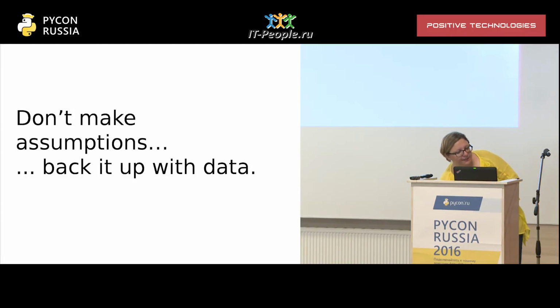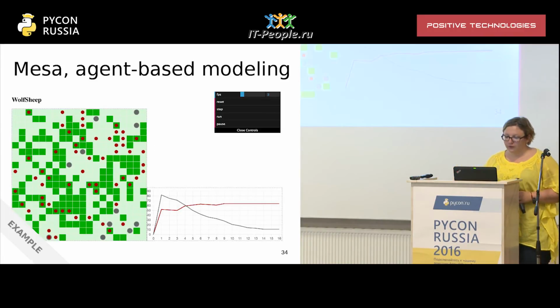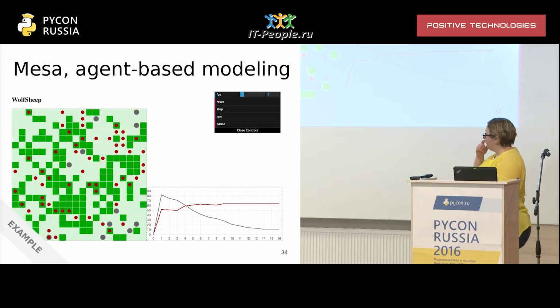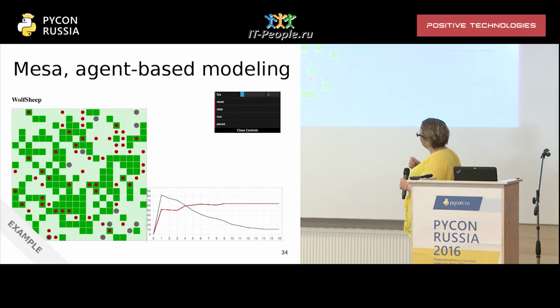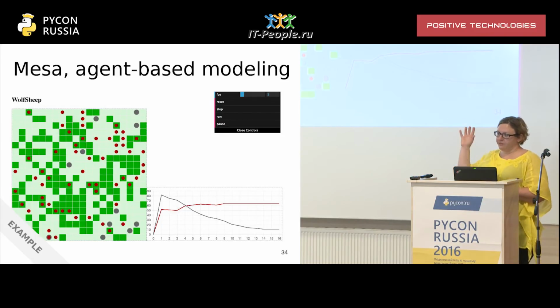In these examples, I'm going to illustrate with the project I run, which is the modeling project, which has a back-end code base API, and then it also has this really ugly front end. If anyone wants to help, I could use help.